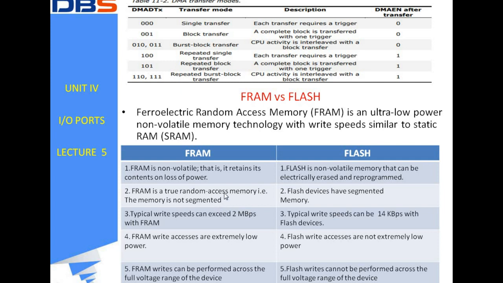Here there are no parts in the FRAM, it will be collectively in one channel. Here flash devices have segmented memories. Based on the requirement, we divide these memory sizes. Typically write speeds can exceed Mbps with FRAM.